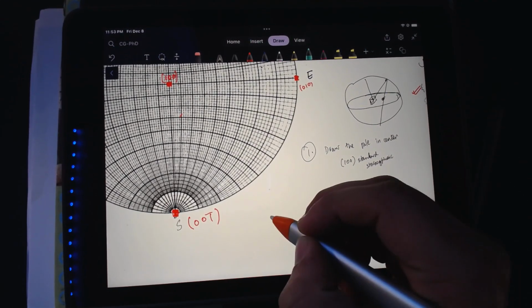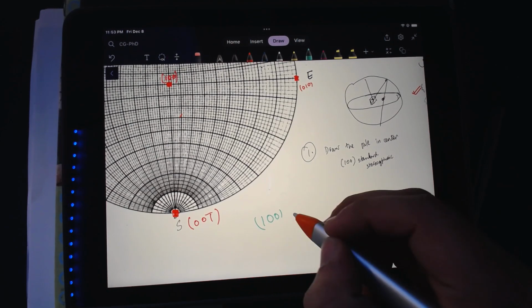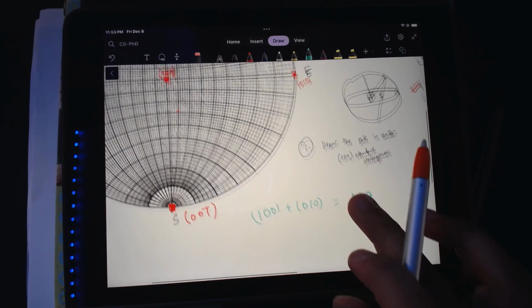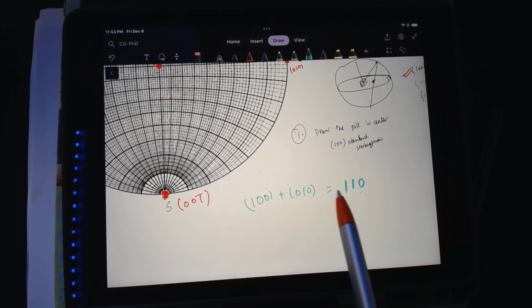If I take the center point, which is 1 0 0, and then add the east, which is 0 1 0, think about these as a vector sum. This will simply be 1 on the x, 1 on the y, and then 0 on the z.